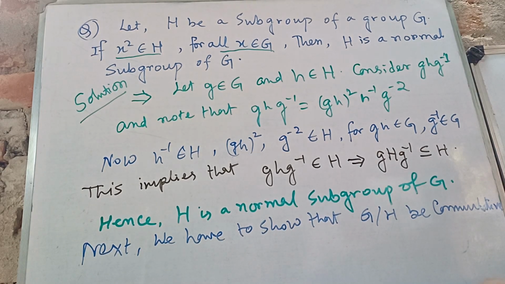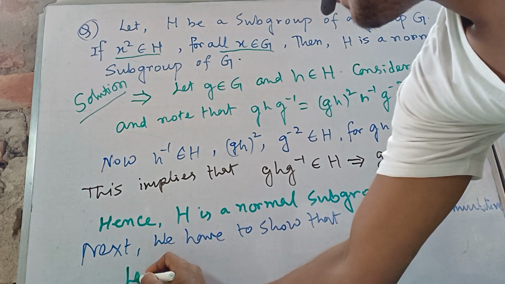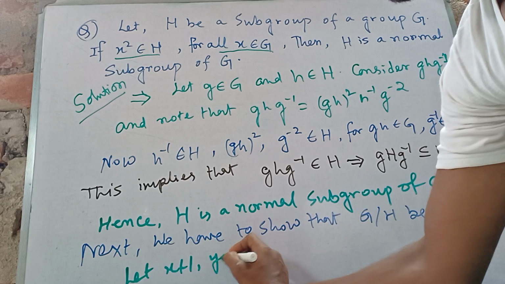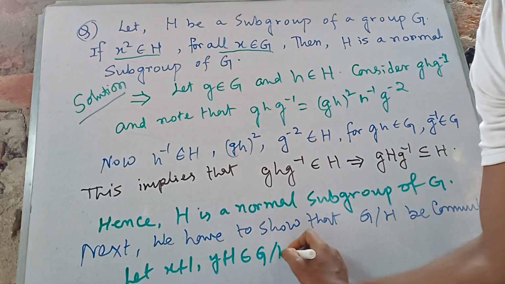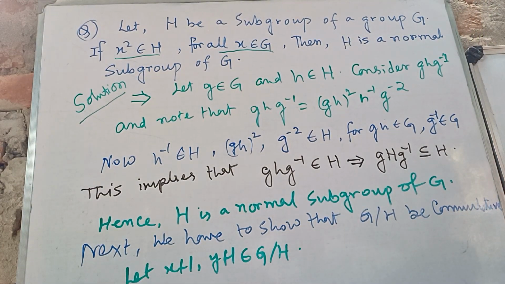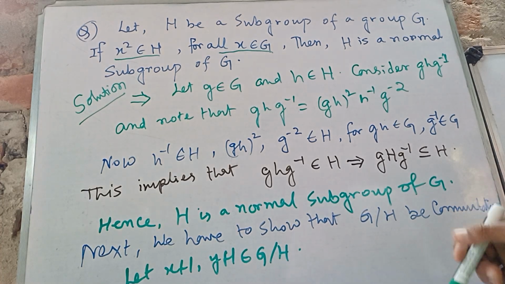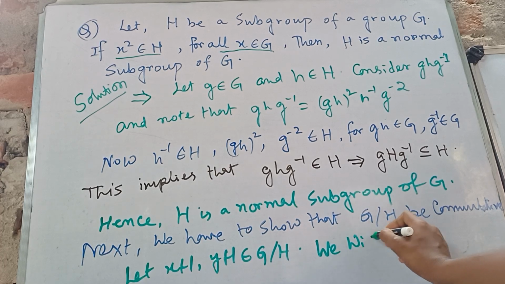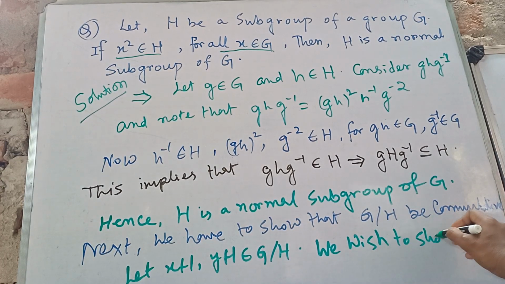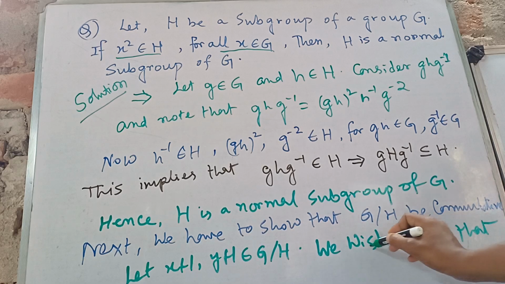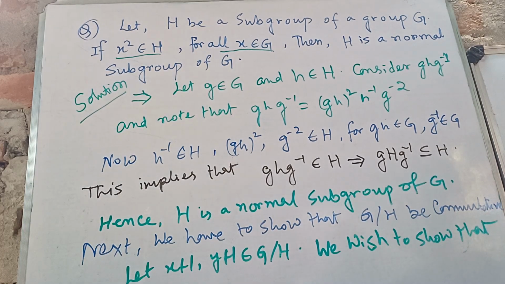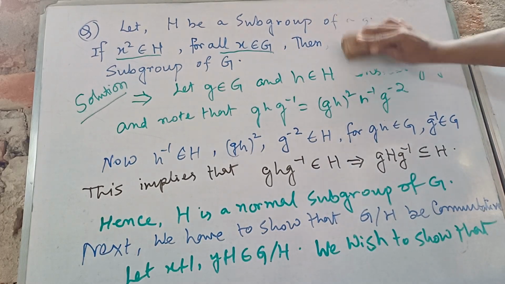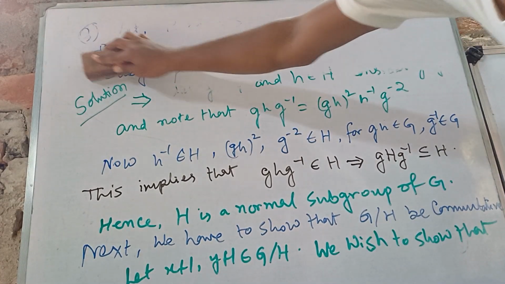Then what we do now: let xH and yH belong to G quotient H. Then we wish to show that, so that is our portion. We go to further discussion of that.